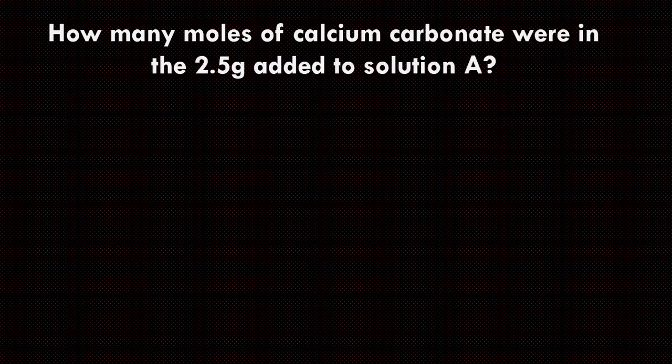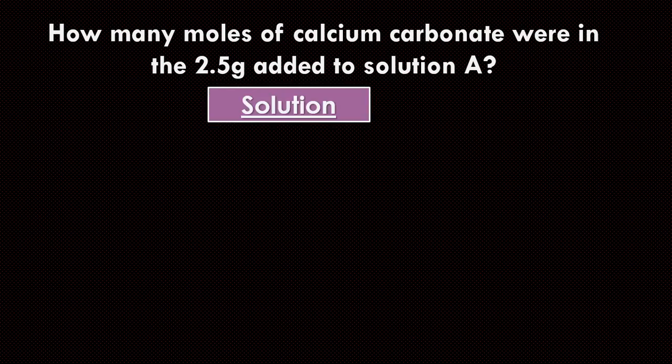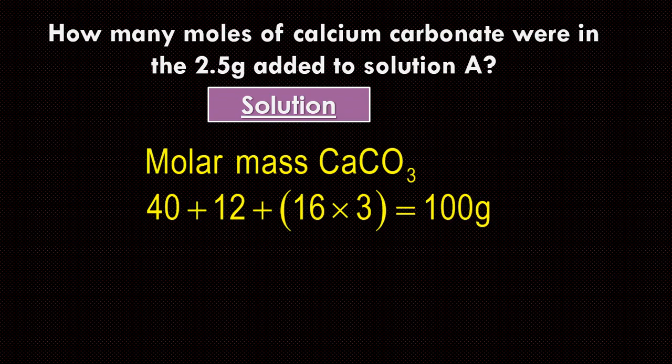How many moles of calcium carbonate were in the 2.5 grams added to solution A? Here, to find the number of moles, we must first calculate the molar mass of calcium carbonate, and this is where the relative atomic masses come in handy. You first need to know the formula of calcium carbonate, CaCO3.